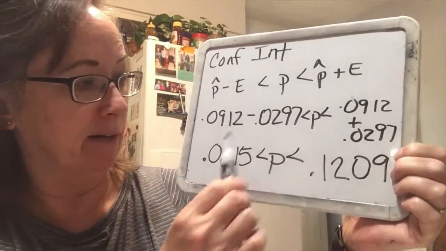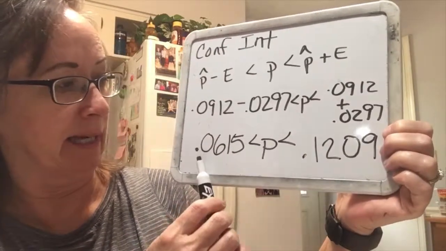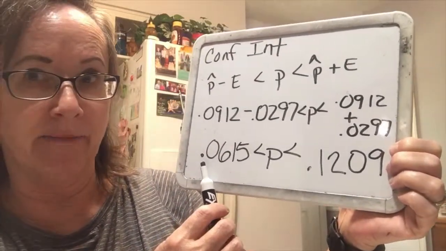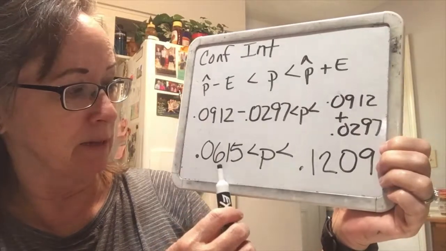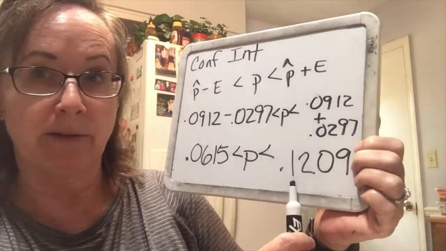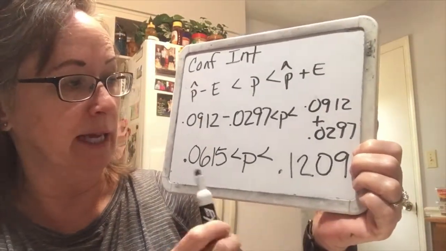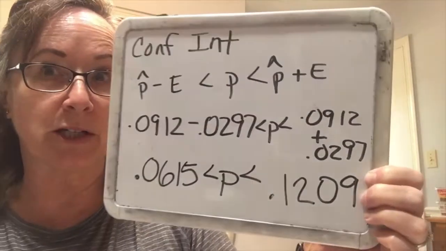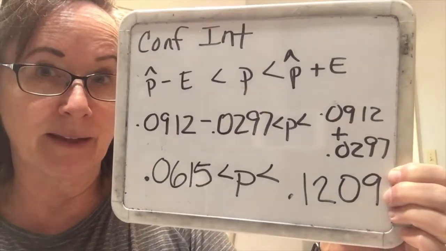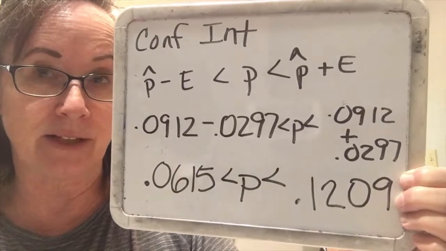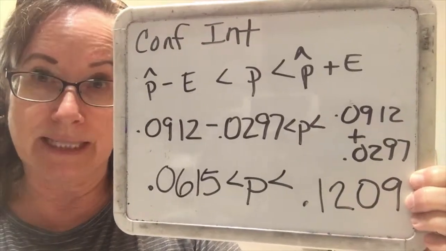When I crank this out, the left boundary of my confidence interval is 0.0615, and the right boundary is 0.1209, and my true proportion is hopefully in there with 95% confidence. That was number 13.